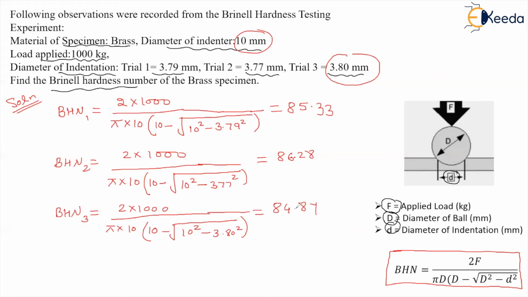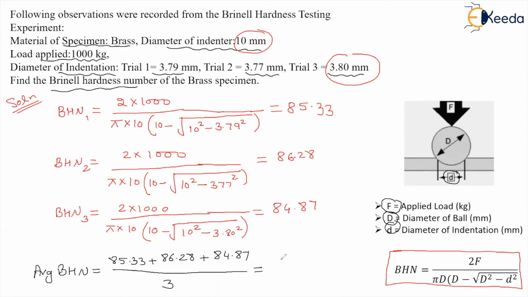So we have obtained the three hardness numbers: 85.33 in the first trial, 86.28 in the second trial, and 84.87 in the third trial. Now we can find out the average value of the Brinell hardness number. The average Brinell hardness number BHN will be equal to the average of the three values, that is 85.33 plus 86.28 plus 84.87, averaged over three.